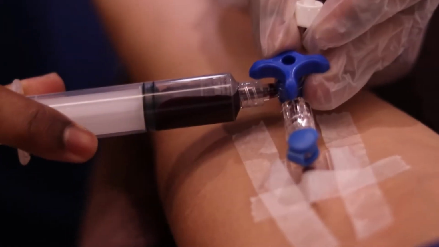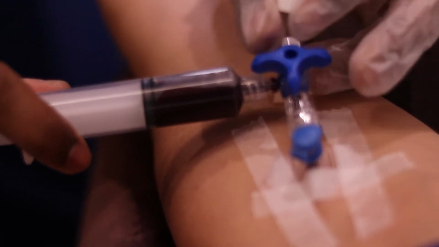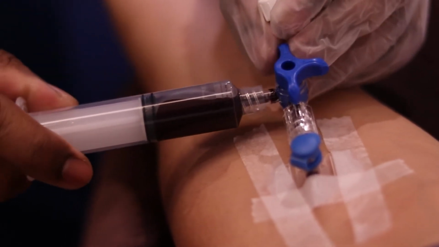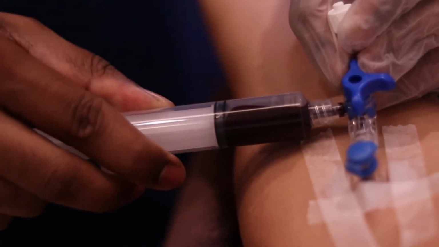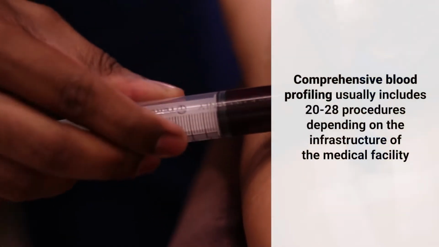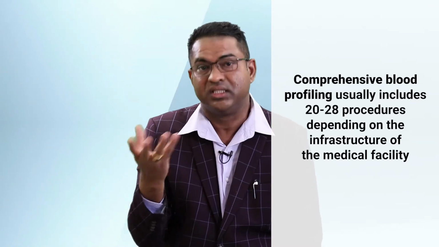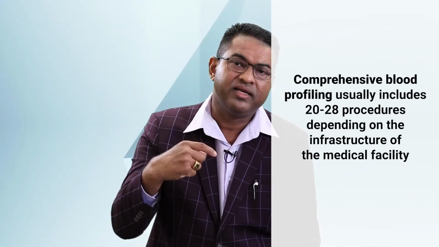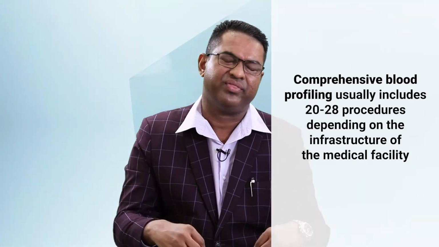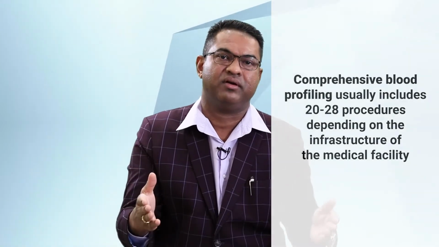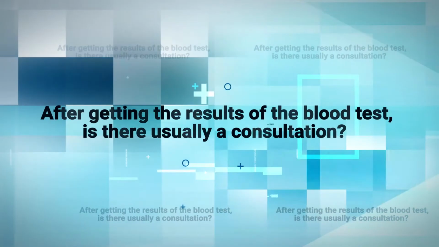Generally, a comprehensive medical profiling covers about 100 test results. In terms of procedures, it will consist of 25 to 28 or 30 procedures, depending on the infrastructure the medical facility has to provide you the screening.